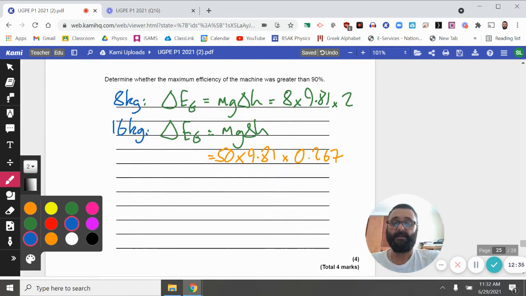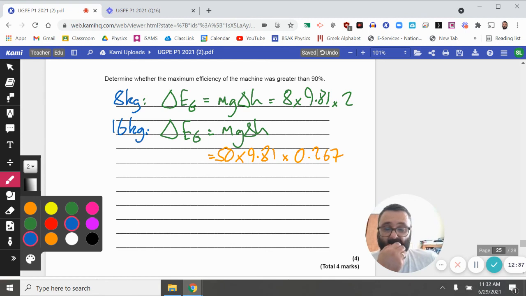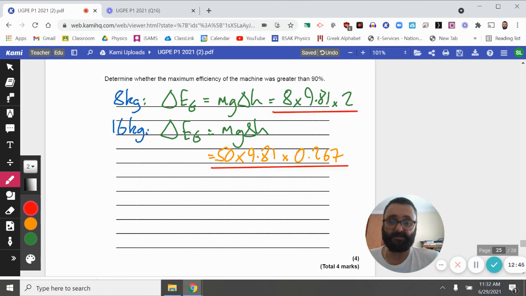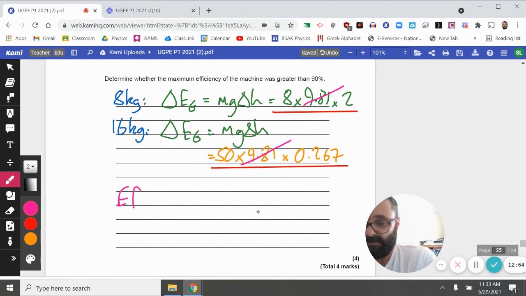Right, efficiency now. So it's useful out over total in. This is the useful out. This is the total in. So we just divide them. Now, neatly, the 9.81s will cancel. So the efficiency becomes, okay, start again.